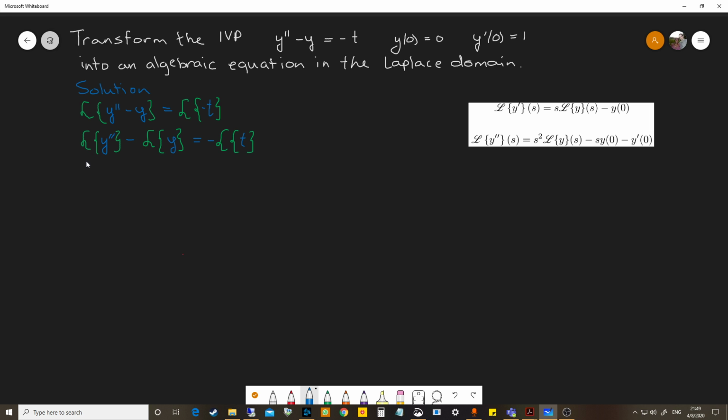So let's take that first part, put it in a box and rewrite that. So we get s squared times the Laplace transform of y minus s times y of 0 minus y prime of 0.